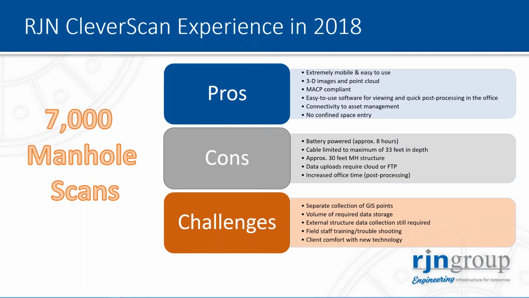A few other things that the scanner does not do is it does not do topside photos. So if you want photos of the area, it will not do that. So that's something that you have to have a little time for in your field inspections to do. It does not take GPS points. So if you want to do some asset management data collection, that will need to be collected separately.